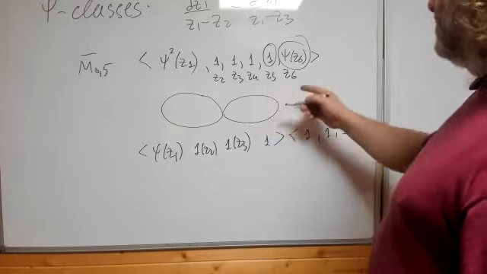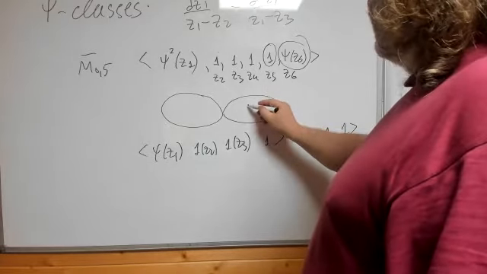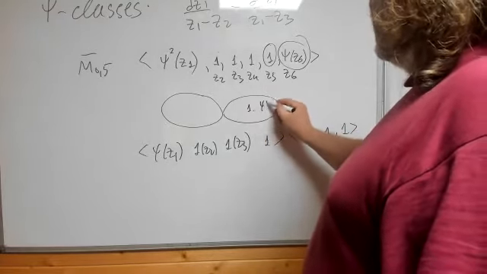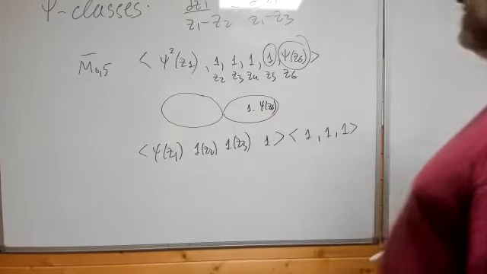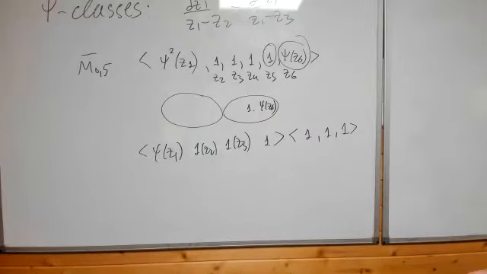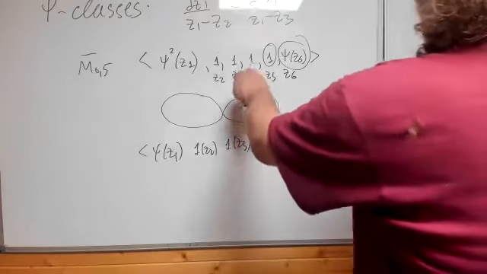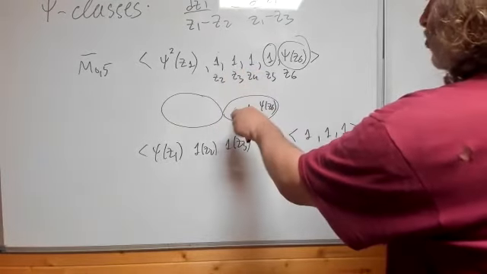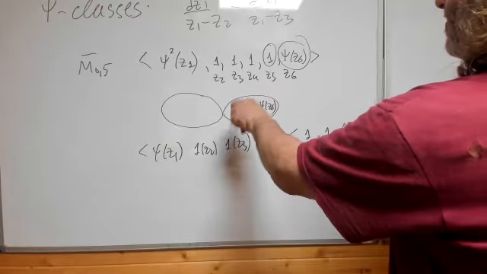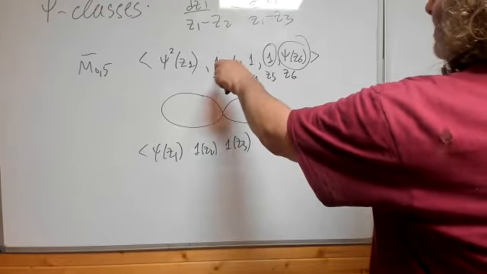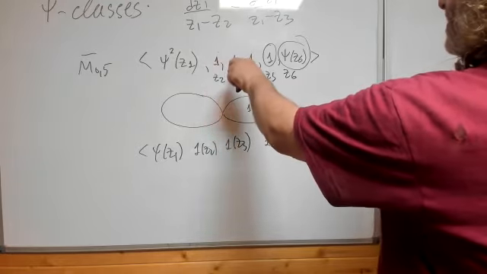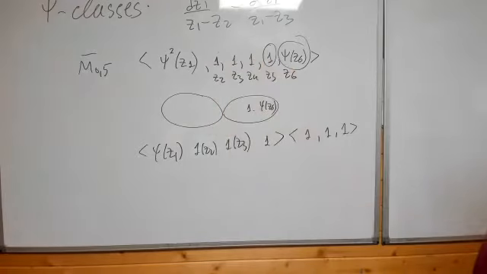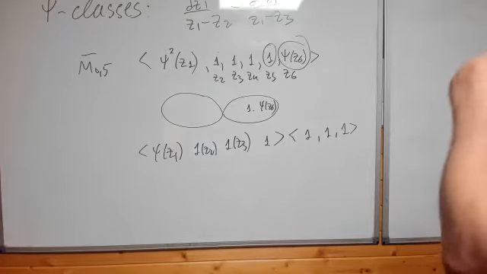You take Z5, Z6 as 1 and psi at Z6. Now you can put here either this or this or this. Now you have a room.